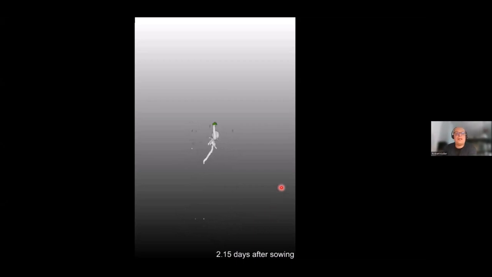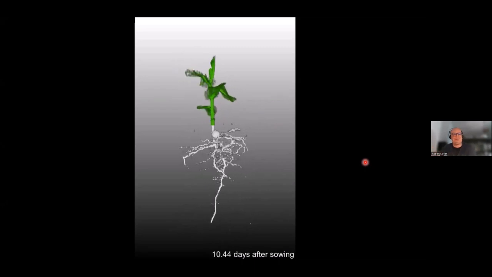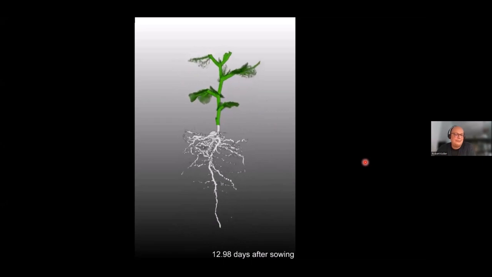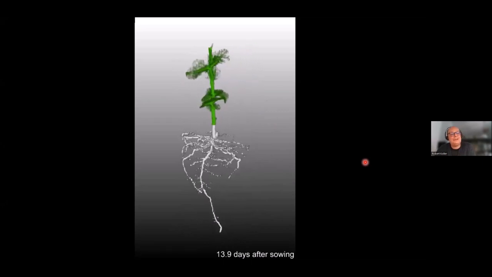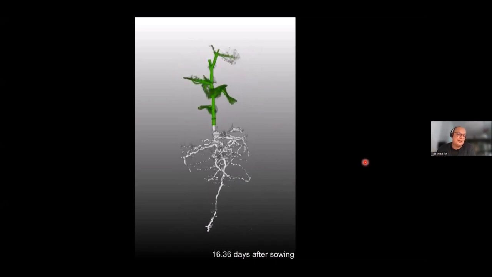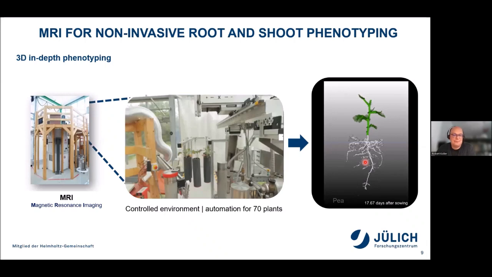And these are some of the images that we could obtain from the MRI, for shoots and for roots. And you can see, with a high frequency of measurements, the development of plants in such a pot. The current standard pots are 40 centimeters in length and 9 or 12 centimeters in width. So this allows us to scan roots and shoots of a plant for about 3 to 4 weeks.